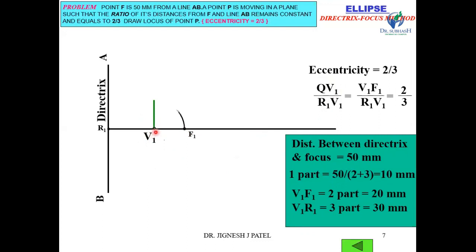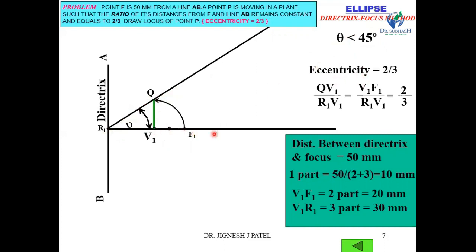With V1 as center and radius equal to V1F1, draw one arc, and this point is Q. Now join R1Q and extend it. This angle is theta, and this theta is less than 45. Theta is always less than 45 if the eccentricity is less than 1.